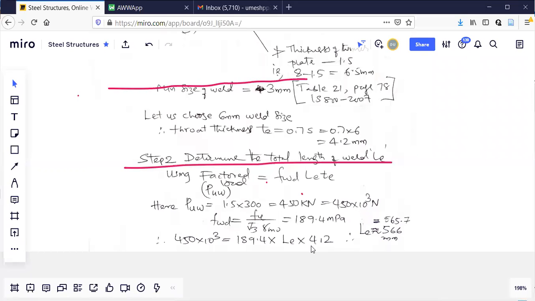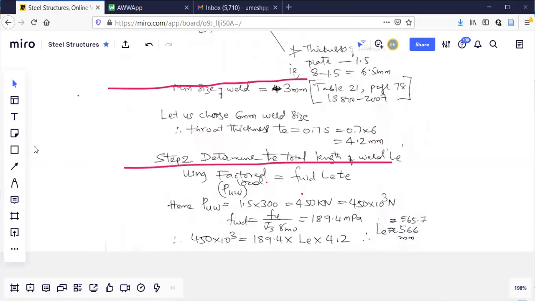How much is the resistance of the weld? You can see this here. This is the force to be resisted, the factored load. This one is stress into cross-sectional area, Fu by root 3 into gamma mw.